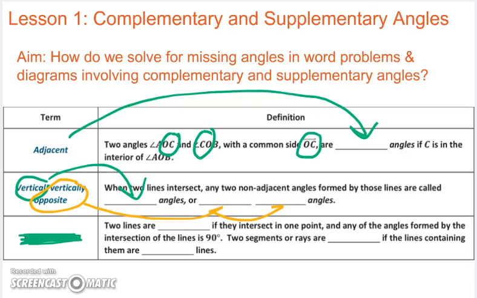Our last one here: two lines are blank if they intersect in one point, and any of the angles formed by the intersection of the lines is 90 degrees. There was a special relationship when two lines crossed and formed a 90-degree angle. I hope you've heard of this before. Two segments or rays are blank if the lines containing them are blank lines.